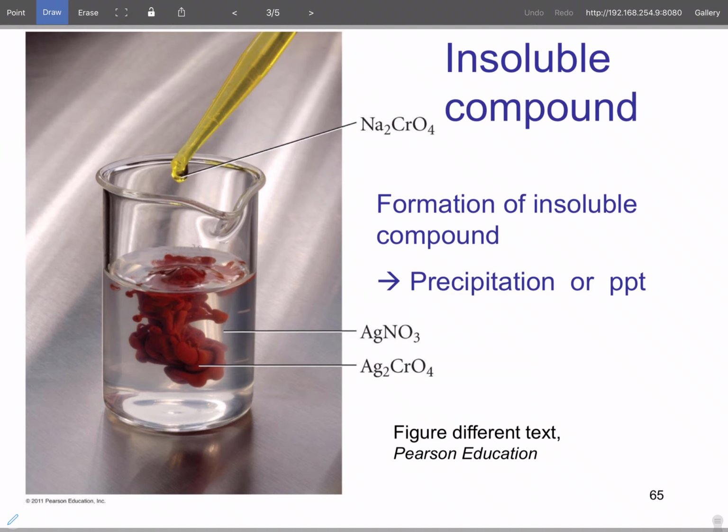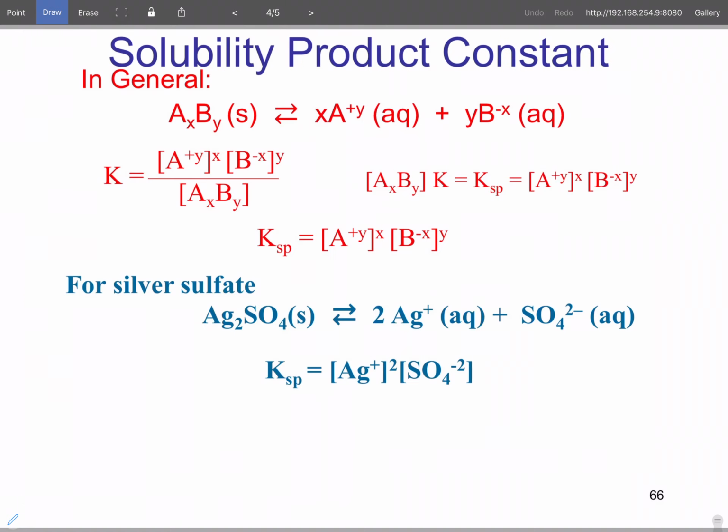It results from two soluble solutions. So the solubility product constant basically comes from our equation. And what you're going to do is take the product raised to the coefficients, and here you're going to have the coefficients based upon the number of ions you have.